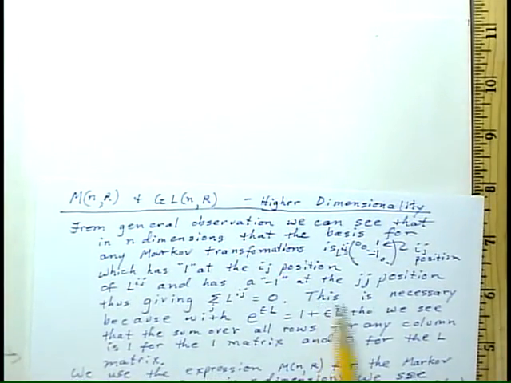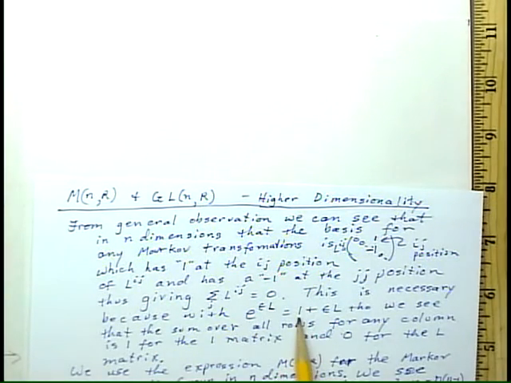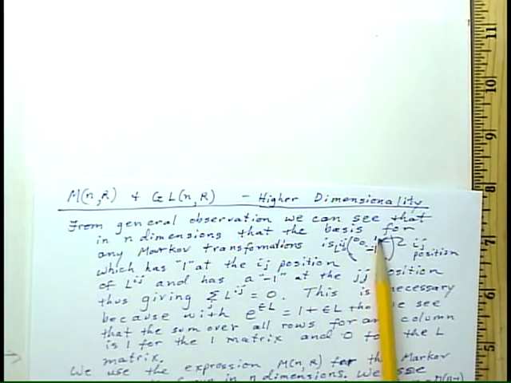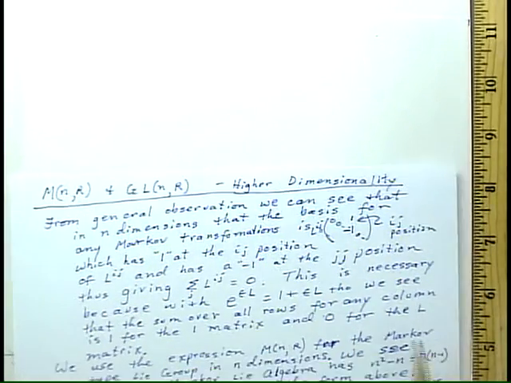And again, I point out here that's necessary because if we write e to the epsilon times L, we get 1 plus epsilon L. And since this is 1, 1, 1, 1, 1 on the diagonal, the sum over that for any one column and all rows is going to be 1. This sum must be 0. Well, this accomplishes it, because any parameter I multiply here, I'll get that parameter and minus that parameter, and so those sum to 0. And so this is going to work.